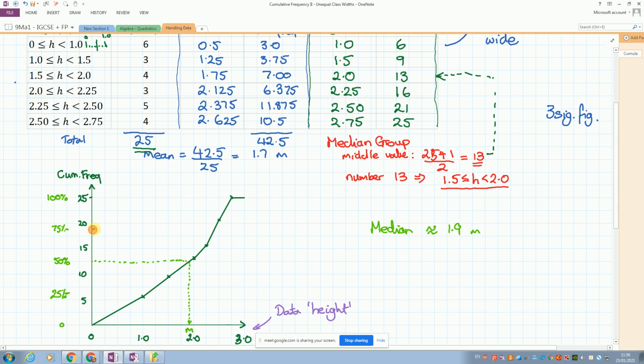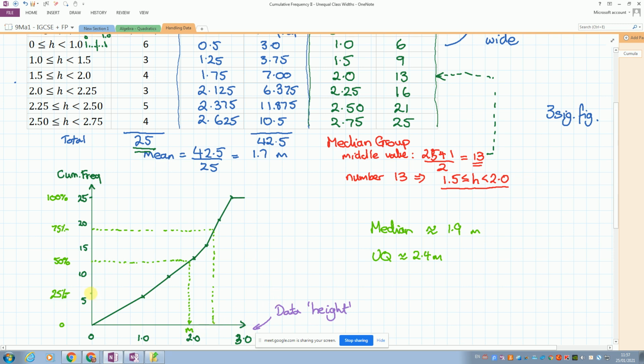Quartiles, go through at the quartile point. Measure down. My upper quartile is just shy of 2.5, so I'm estimating about 2.4 by the looks of that, because it's slightly closer to this than the other one.